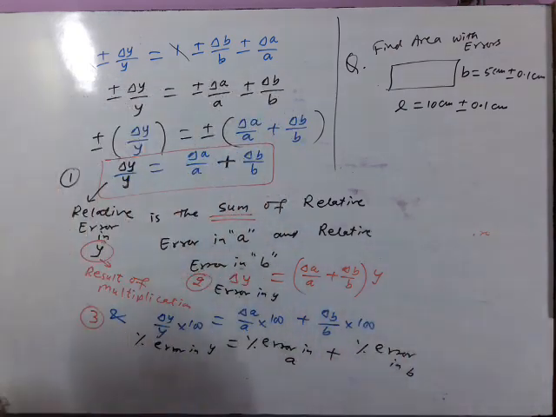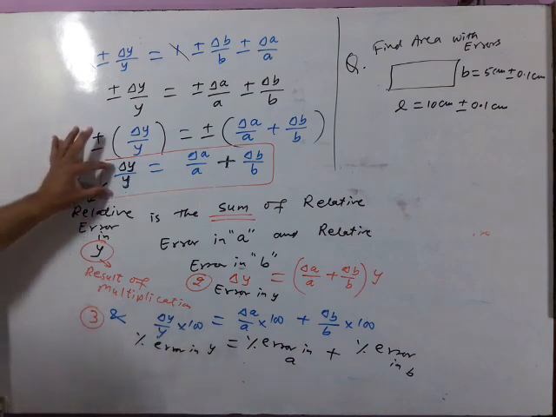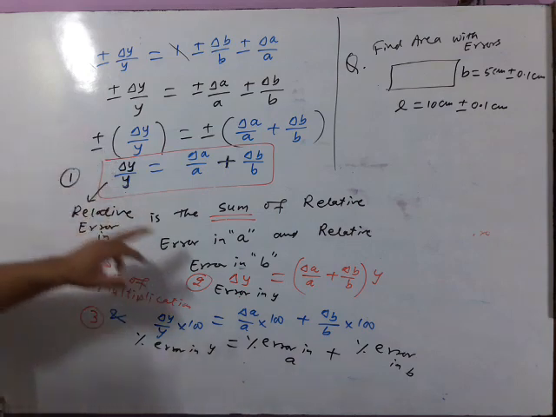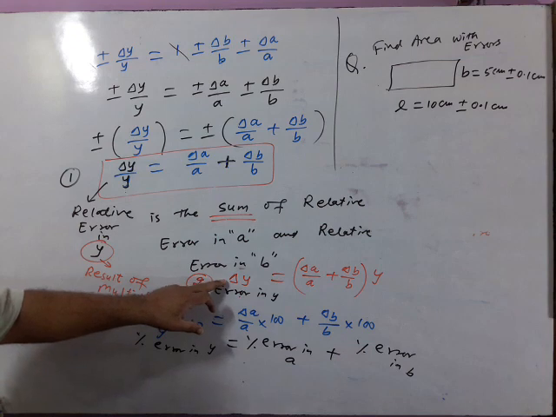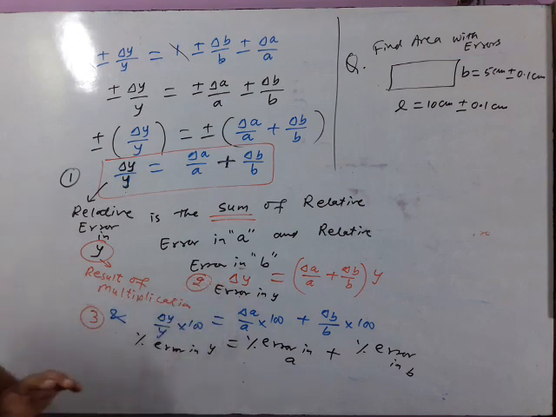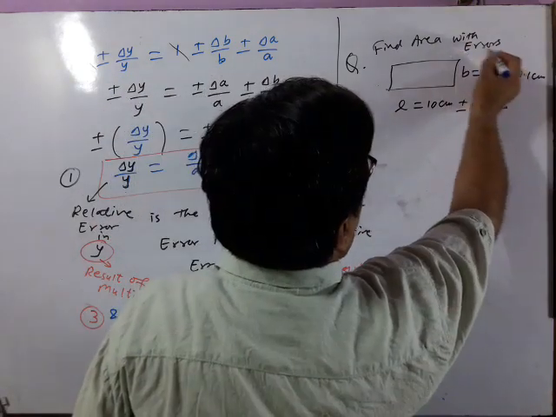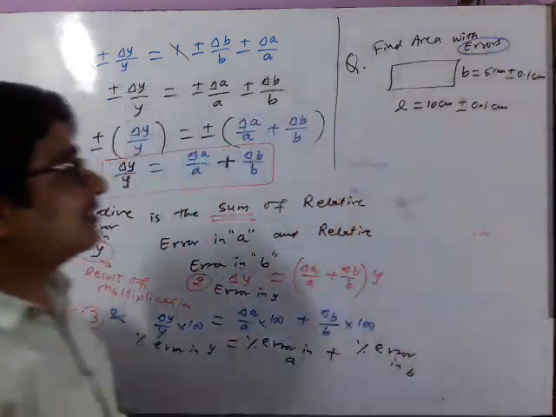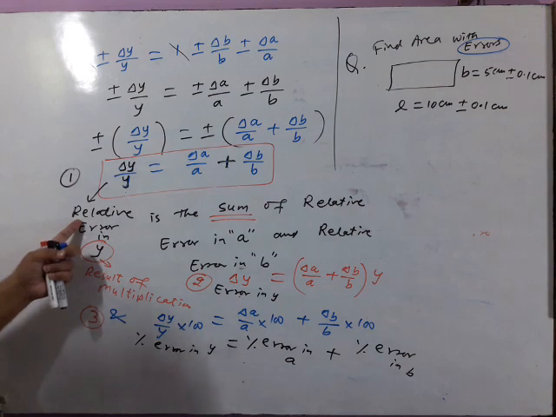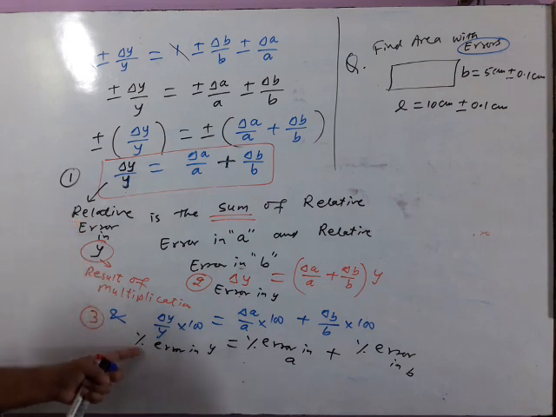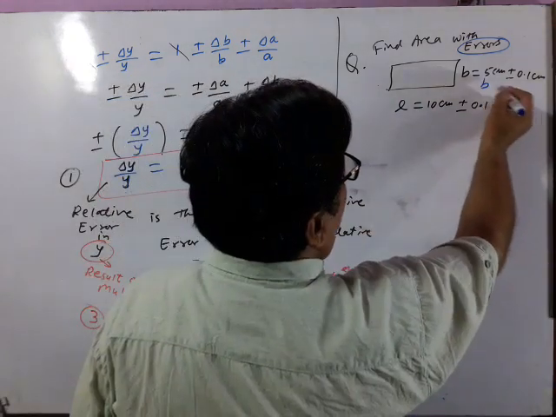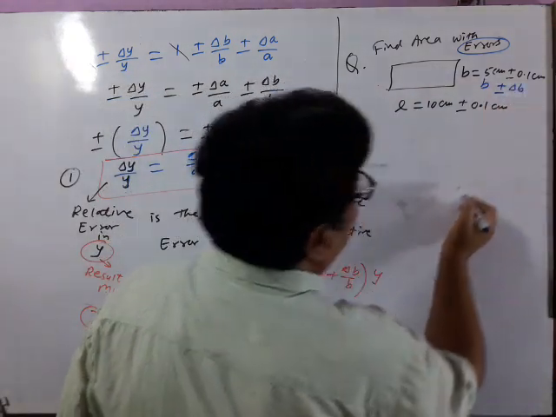See, 3 points are coming in your focus. First is find relative error. Second is find error. Third is find percentage error. He may ask anything. He may ask area with errors, or area with relative error and area with percentage error. 3 questions.